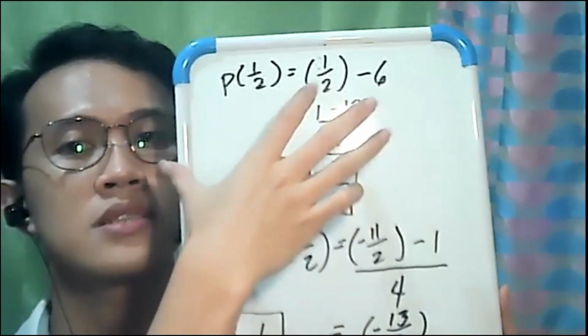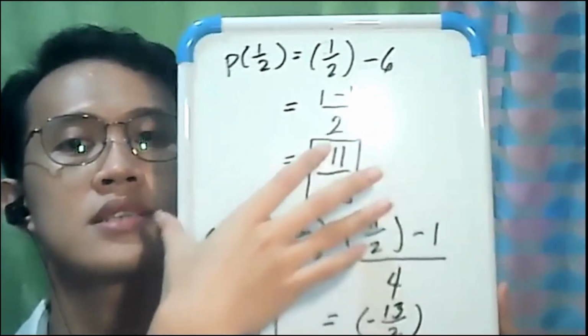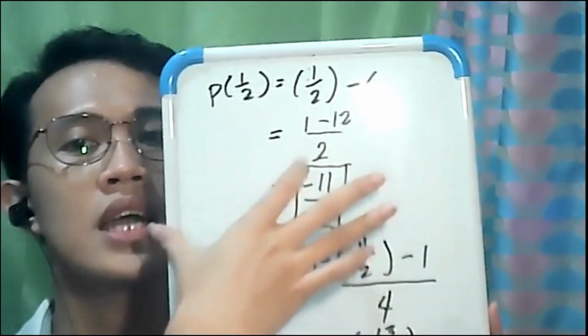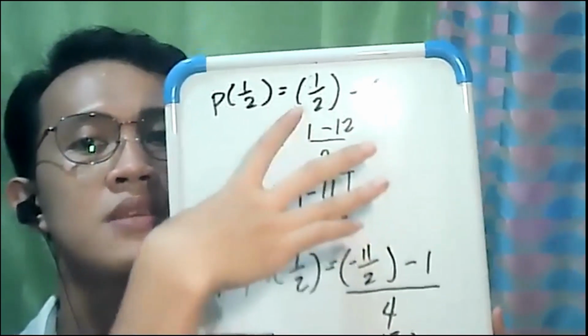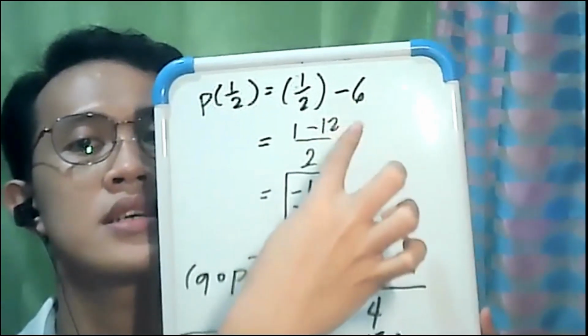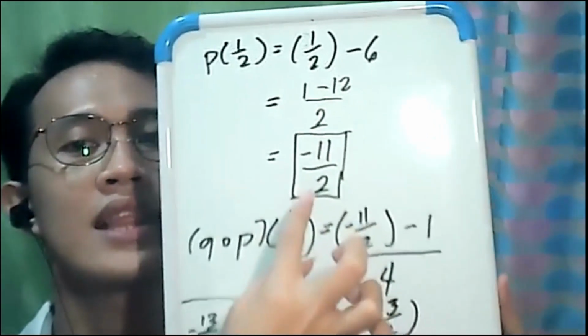So x minus 6. You substitute 1/2 for your x. So 1/2 minus 6. Basically, copy the denominator and then operate that one. 2 divided by 2, that's 1, times 1, 1. 2 divided by 1, that is 2, times 6, that's 12. So 1 minus 12.